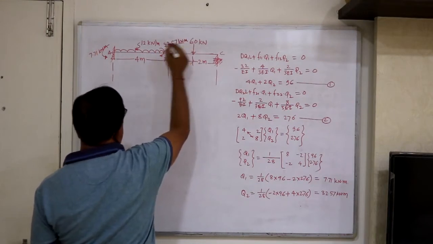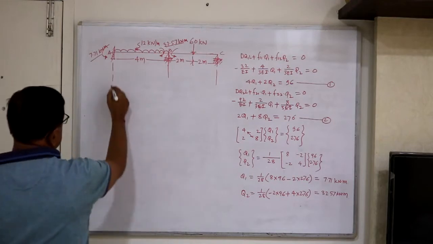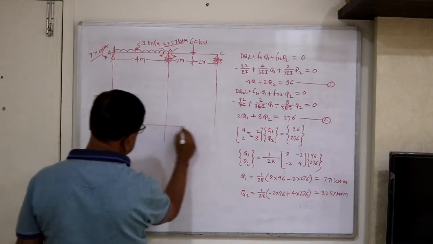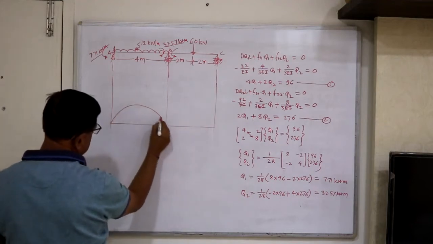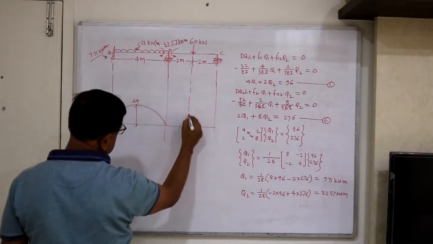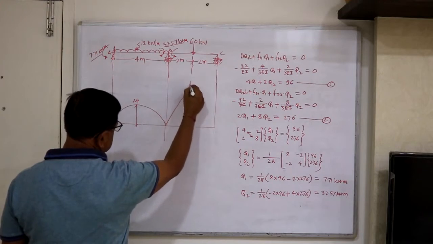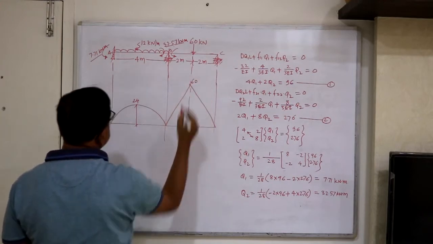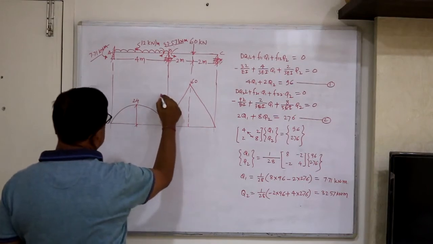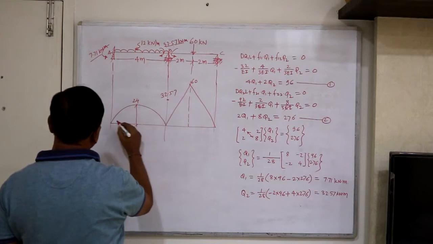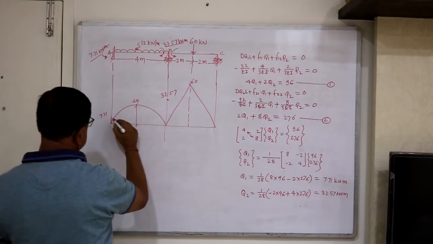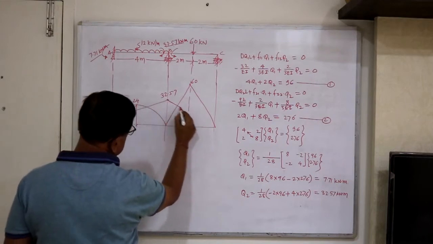Now with these values, let's draw the BMD. At least the BMD we can plot easily because we already have the pre-BMD plotted. This was 724 and we already constructed. This was 60 and here 32.57, here 7.71, here it is 0.